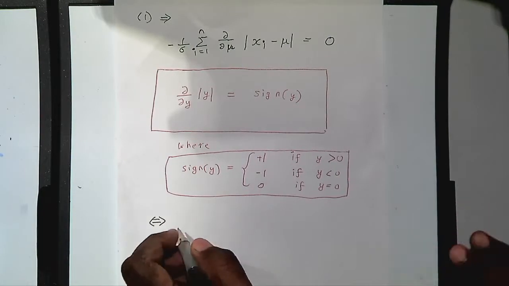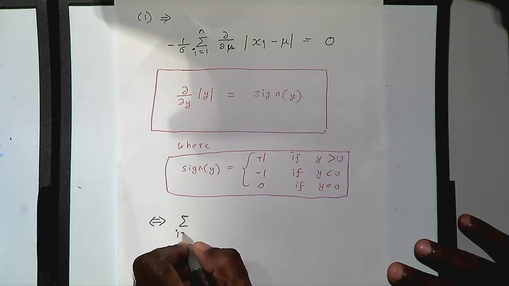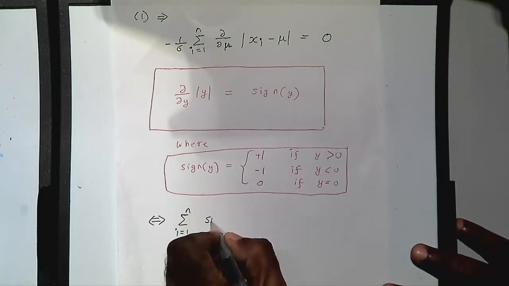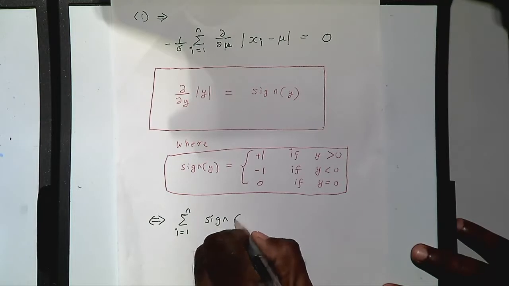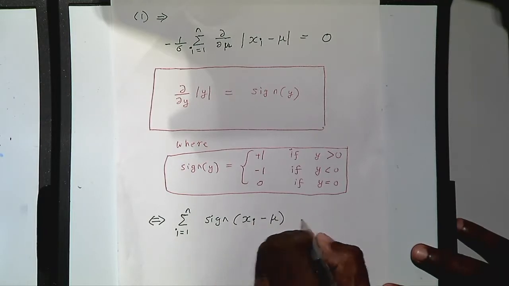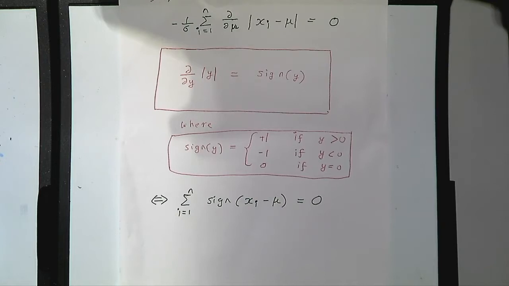You have the sum i from 1 to n of the sign of xi minus mu equal to 0. Okay? This is what you have, right?